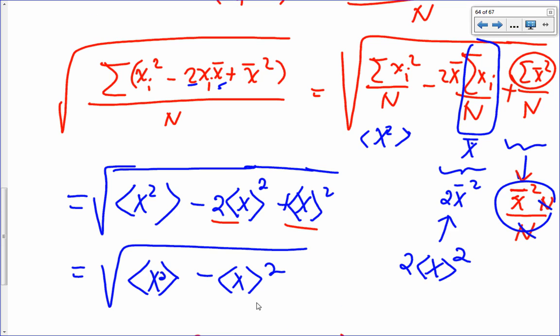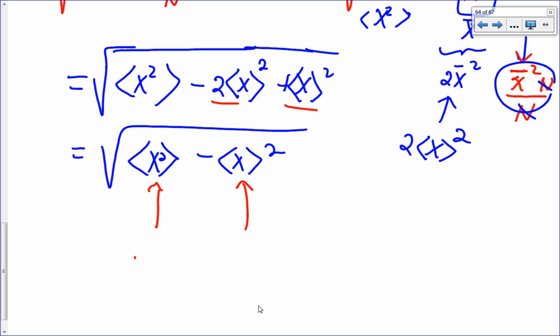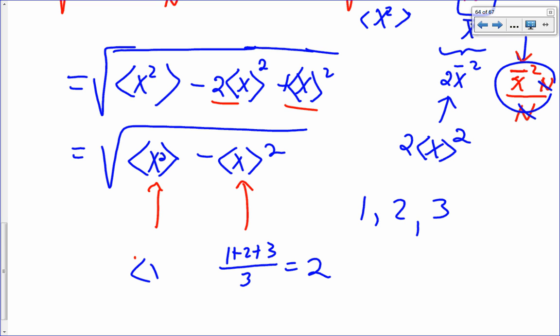Now, note that these two are not the same. The average of x squared is not the same as the square of the average of x. Because let's say you have 1, 2, and 3, for example. Let's say your x's are 1, 2, and 3. What's the average of x? 1 plus 2 plus 3 divided by 3. The average is 2, right? But that's the average of x. But what's the average of x squared?